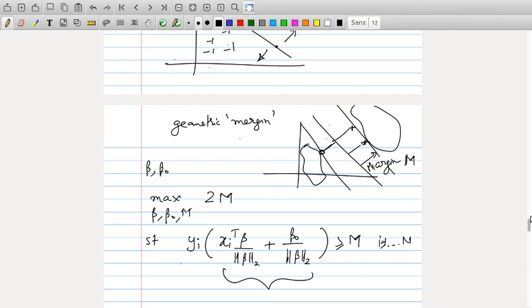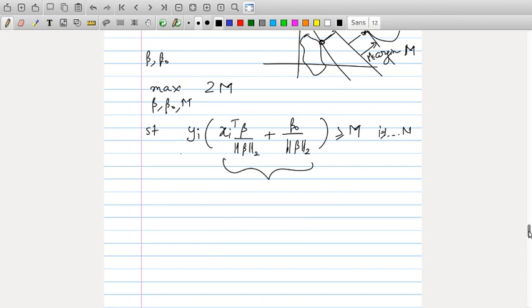So let me write down the definition of the distance of a point to a hyperplane. Maybe that will give you some idea. Let's say there's a hyperplane here and there's a point here.